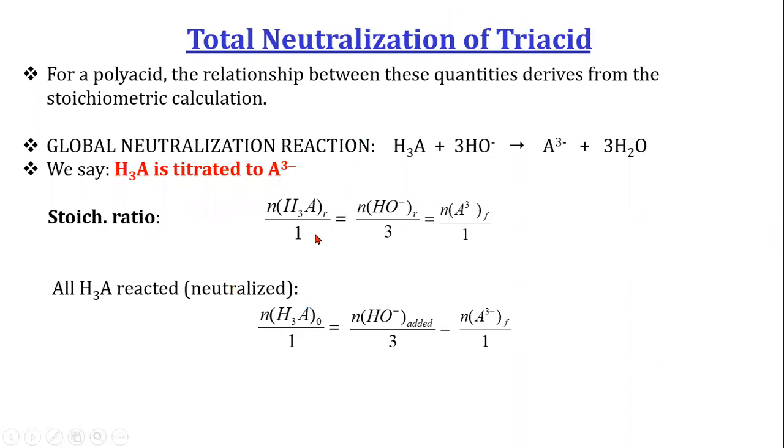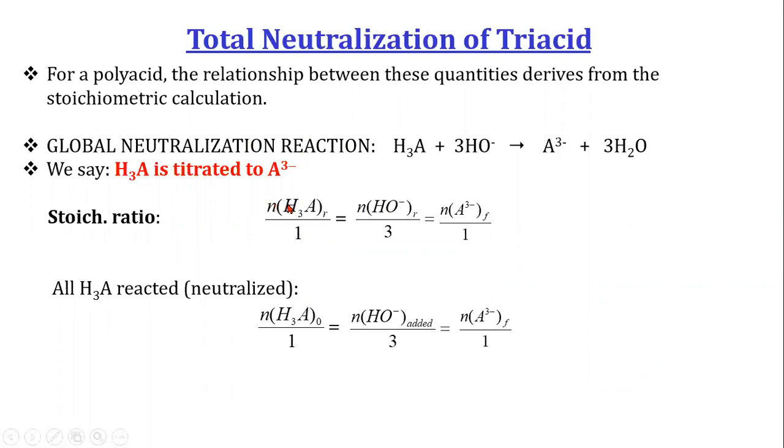One important point as well, when we want to do complete neutralization of a reaction, I do want you to pay attention that sometimes they ask you, for example, how much OH minus to completely neutralize a certain acid. And if you have a triprotic acid or a diprotic acid, you really have to consider the stoichiometric ratio.